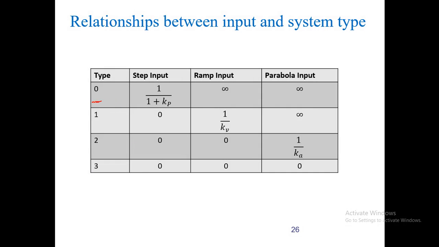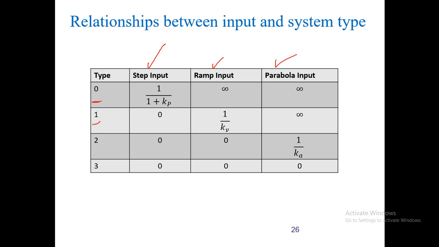In the type 0 system, the input will be tested upon the step input. You won't be able to test your type 0 system with the ramp and parabolic input because it will give you infinity values.